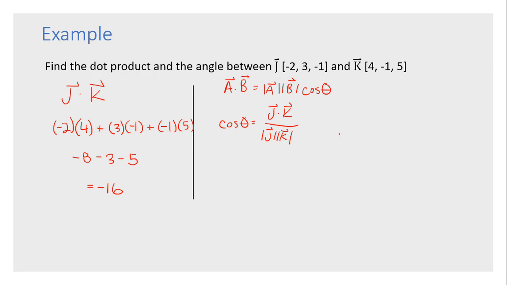Now we already have the dot product, so let's get the magnitudes. And remember, to do that, we're just going to take the root of all the values squared. And that should give you root 14, hopefully. And same thing for k.